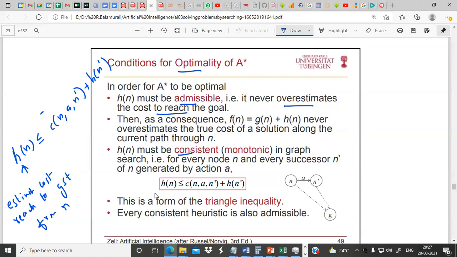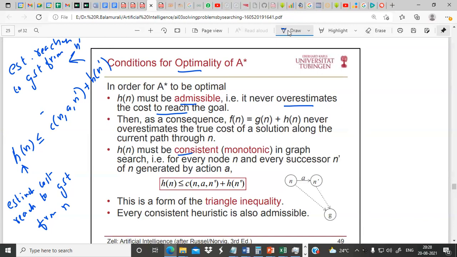Whereas what is h of n dash? It is the estimated cost of reaching the goal state from n dash.